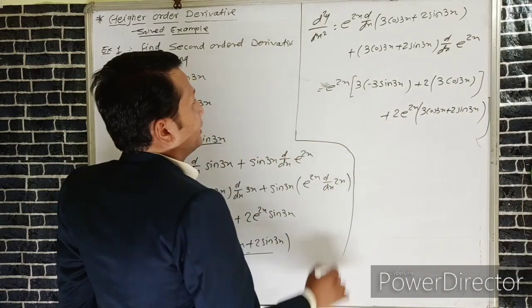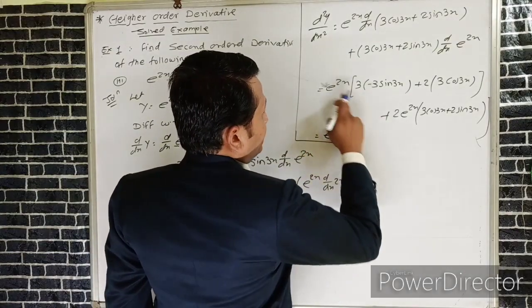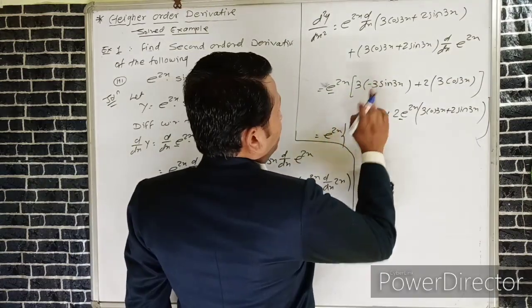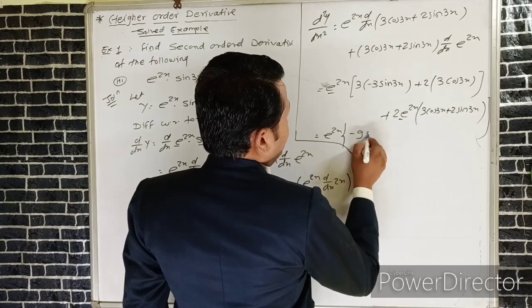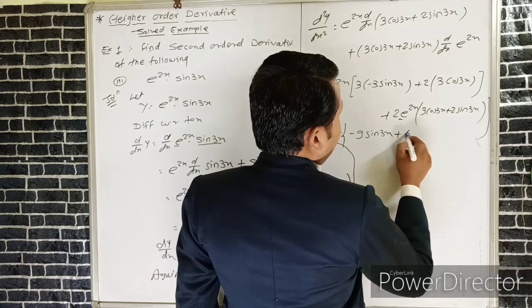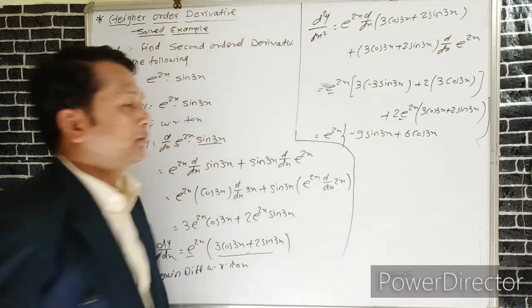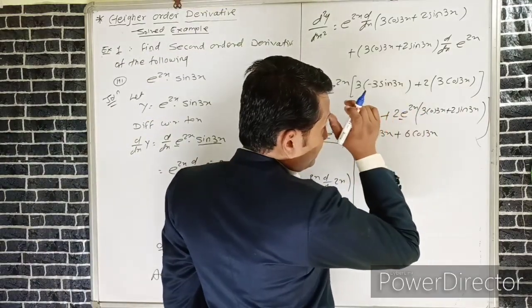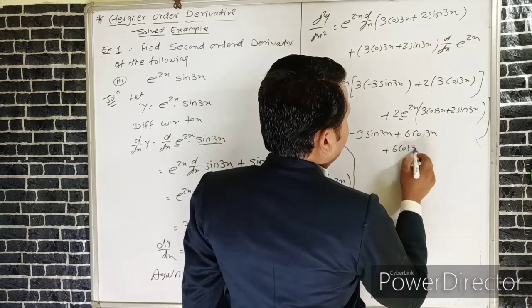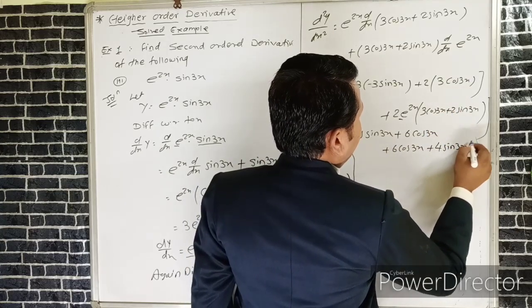Again we can write d2y upon dx square is equals to e to the power 2x. If we take e to the power 2x common from both terms, we can write it 3 into minus 3, minus 9 sin 3x plus 2 into 3, 6 cos 3x plus, here e to the power 2x is common from both terms, 2 into 3, which is plus 6 cos 3x plus 2 into 2, 4 sin 3x.